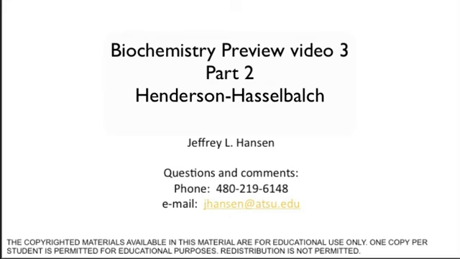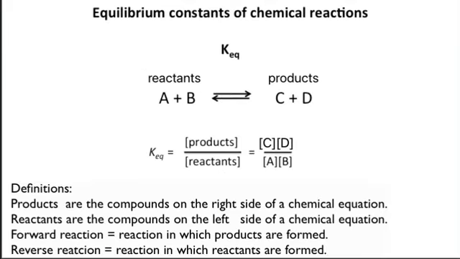Also, Henderson-Hasselbalch is based upon some broad-reaching chemical principles that may be even more important than Henderson-Hasselbalch itself. One of those principles is called the equilibrium constant of a chemical reaction.